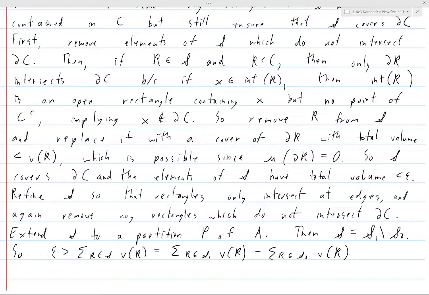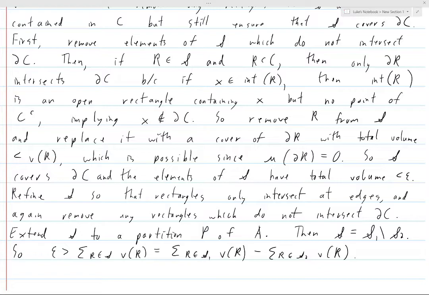So S2 is a subset of S1. Basically, if you take the sum over R in S1 of VR minus the sum over R in S2 of VR, then you break S1 up into the things which are in S and the things which are not in S. The things which are not in S are precisely the things that are in S2.